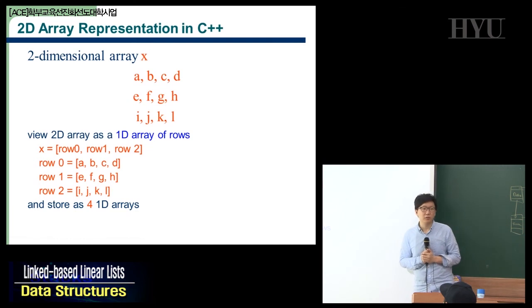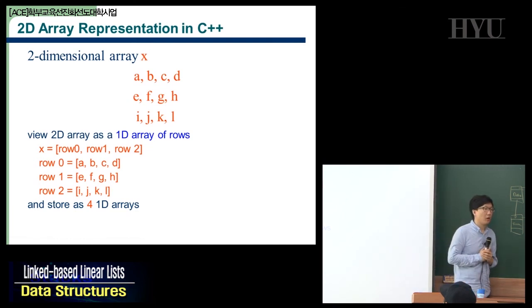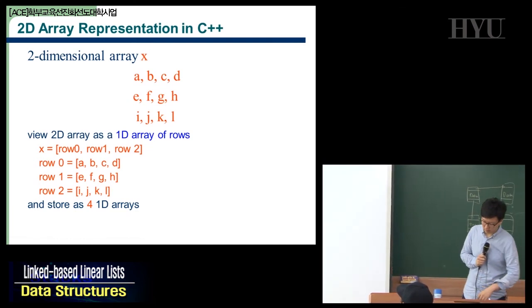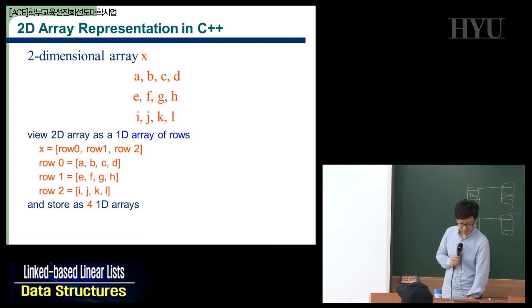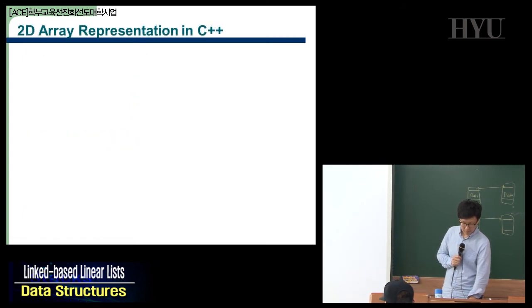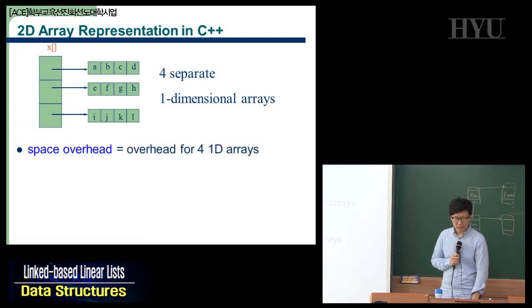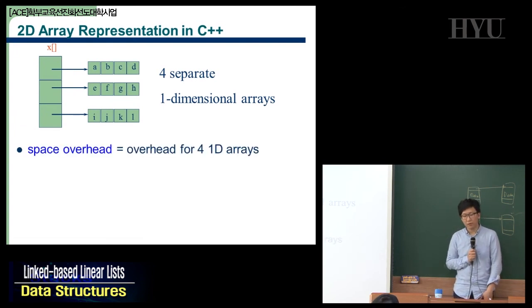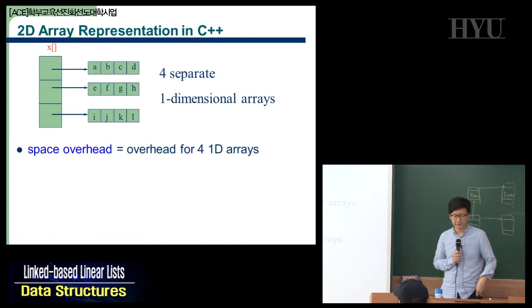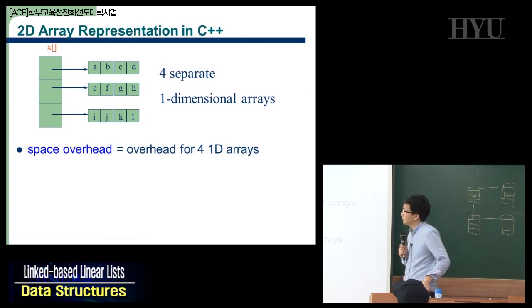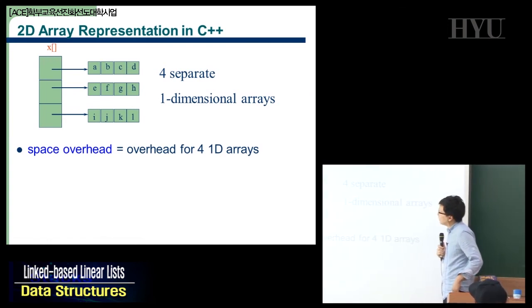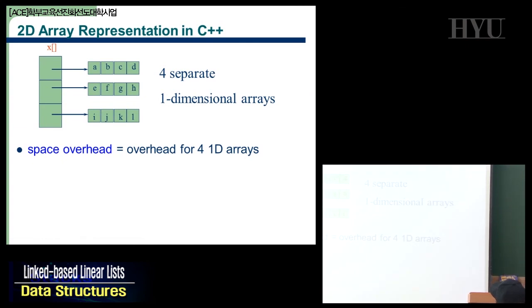I need an index of those rows, so 4. Space overhead for 4 1D arrays. 4 separate 1-dimensional arrays linked in that way.